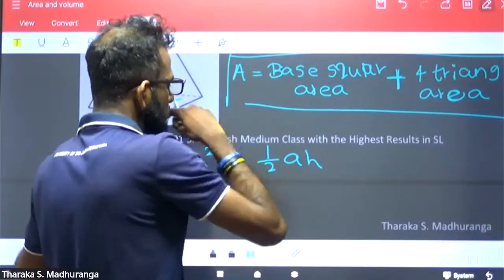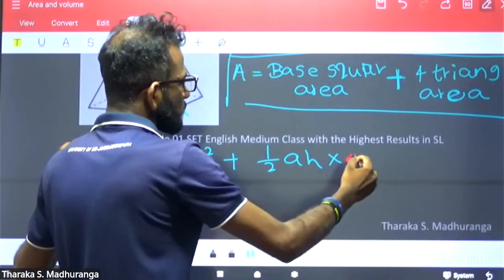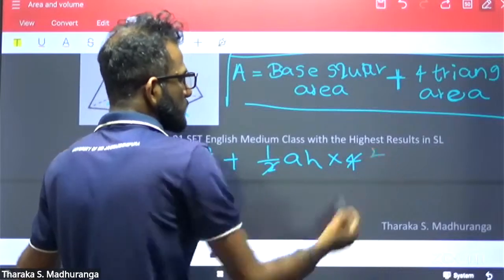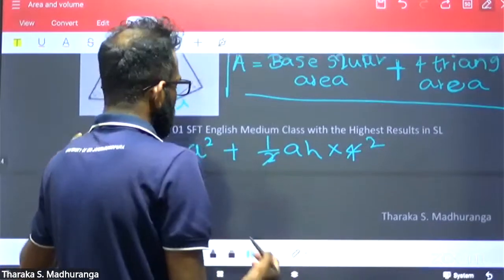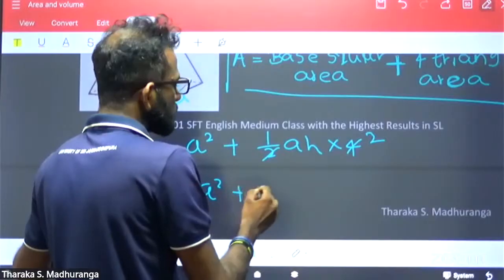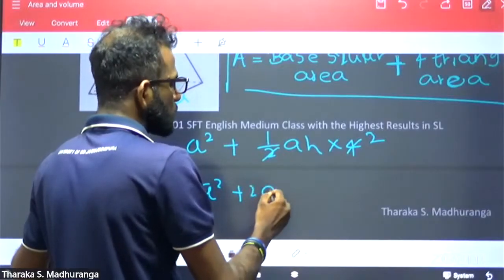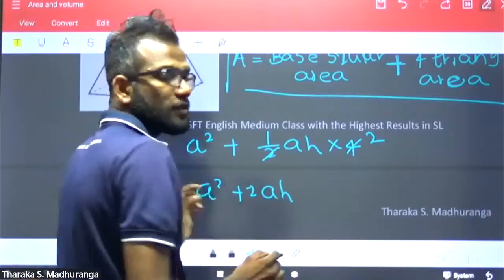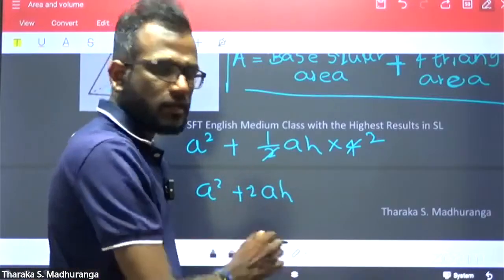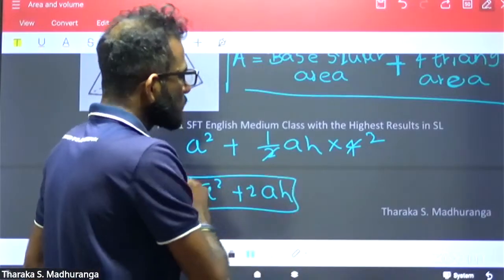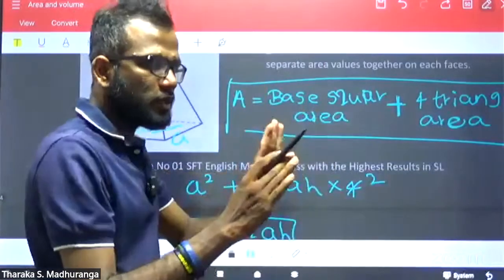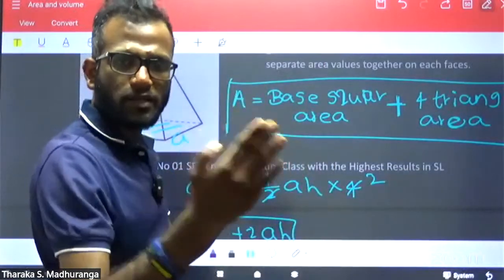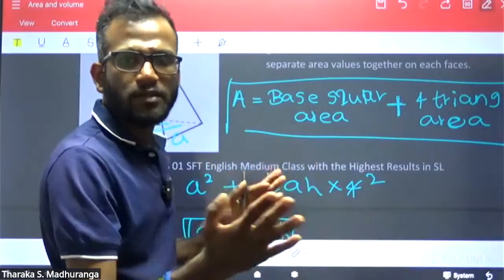Then multiply with 4. Then a squared plus 2ah, okay, but don't remember it like this. You don't need to remember a specific equation. You need to get each surface separately and get the summation.